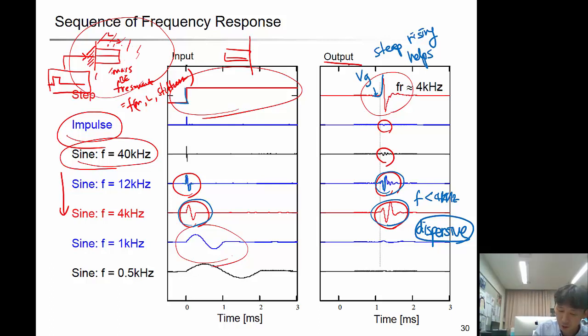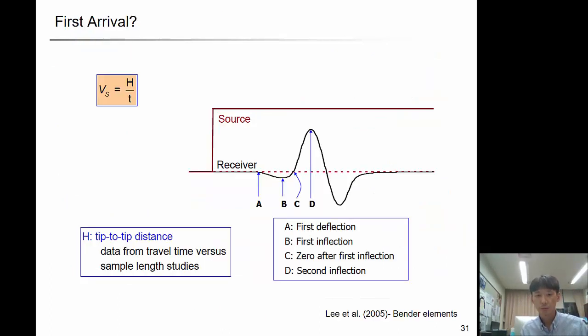And when you use this kind of step signal, because it contains low frequency to high frequency, actually all the frequency components, it can contain some high frequency content in your signal, so it gives you the steep rising in the arrival of the acquired transmitted signal.